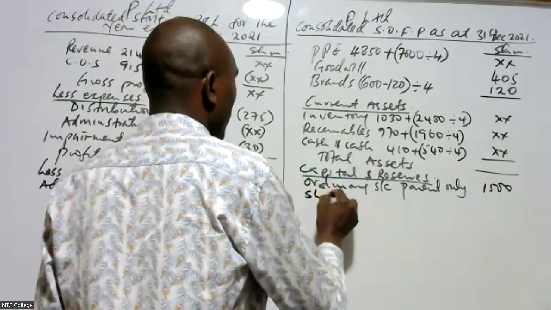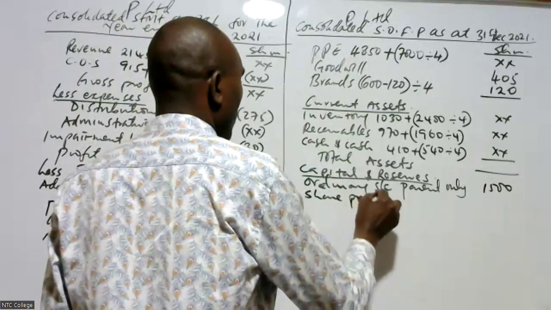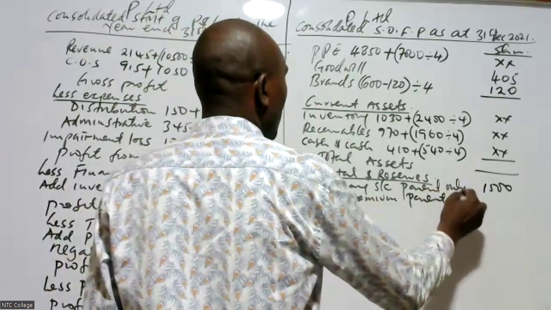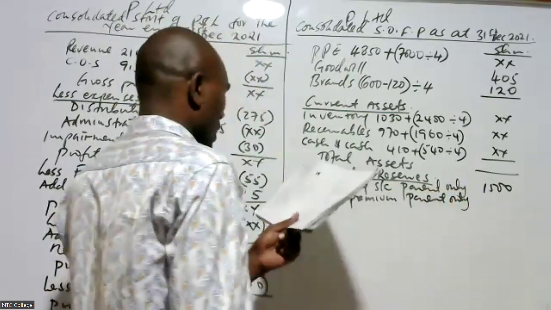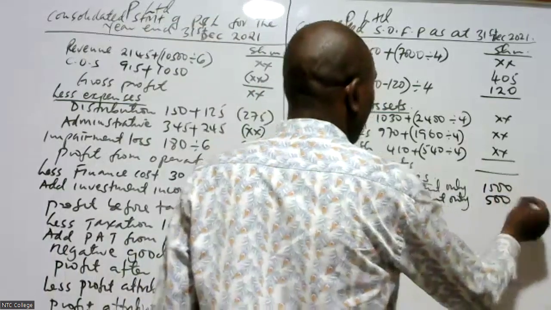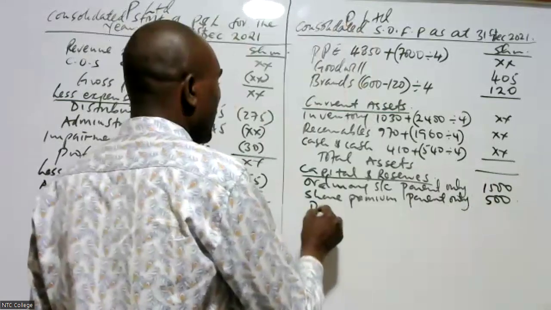Share premium, parent only, which is 500. Retained earnings.